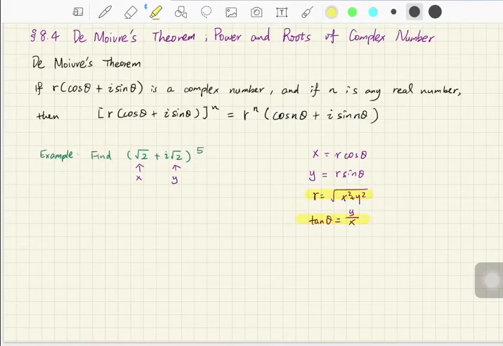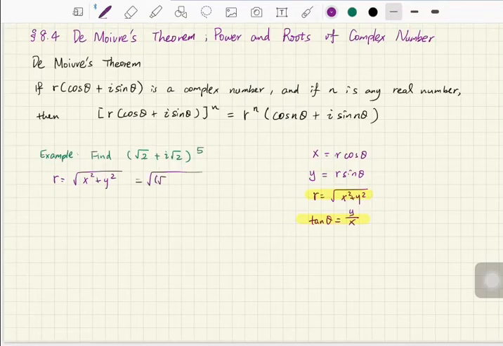To do it, we are going to first find the r by using square root of x squared plus y squared. So square root of square root 2 squared plus square root 2 squared, which is 2 plus 2, 4.